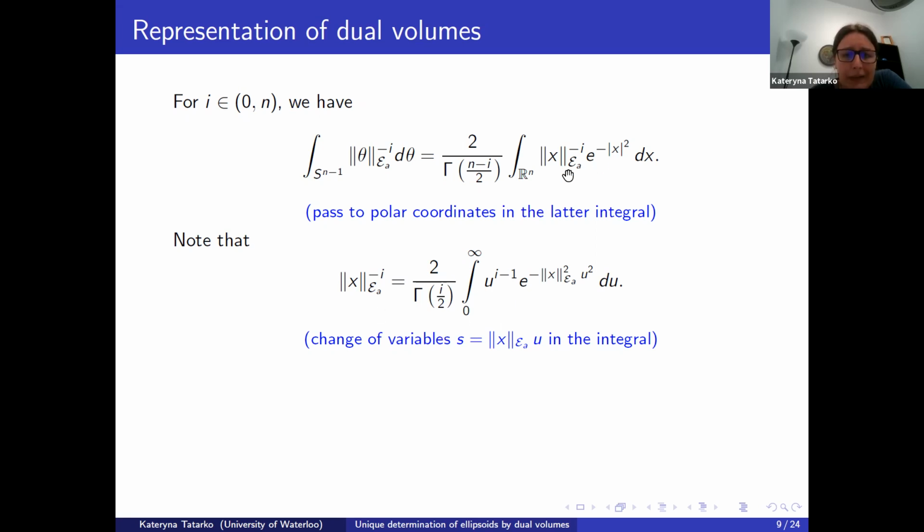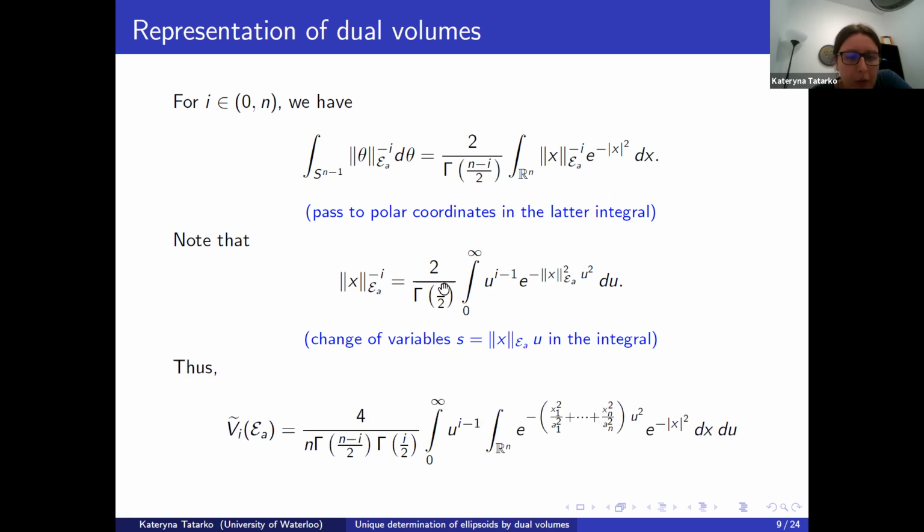And then combining these two formulas together, we get that the dual volumes of the ellipsoid can now be written as the integral over the positive real line and the integral over Rn. Now, when I take a closer look at this integral over Rn, I can see that I can write it as a product of iterated integrals with respect to each variable xi.